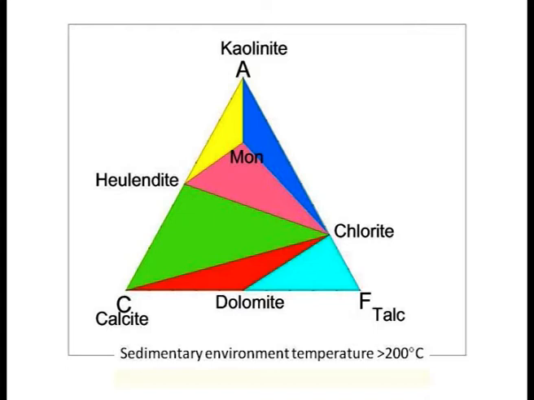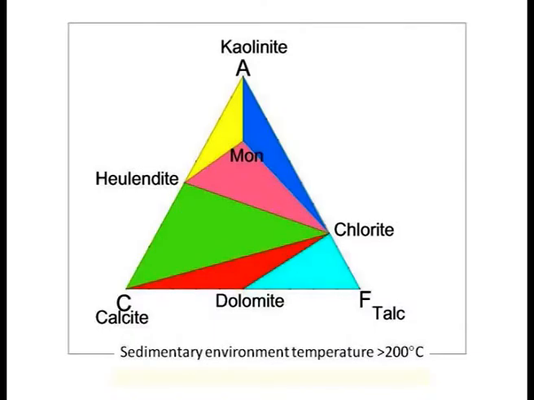We can find out the important mafic assemblages during Zeolite facies metamorphism with the help of an ACF diagram. The first assemblage is chlorite plus heulandite or laumontite plus calcite plus quartz plus albite.